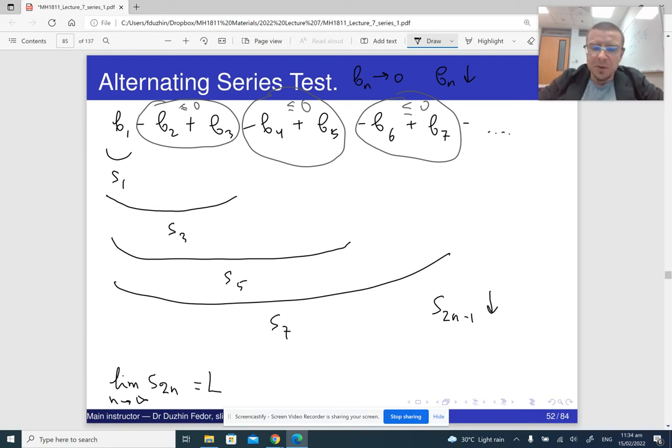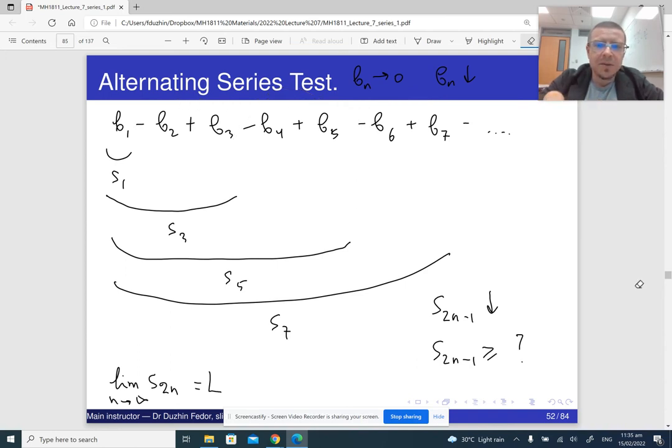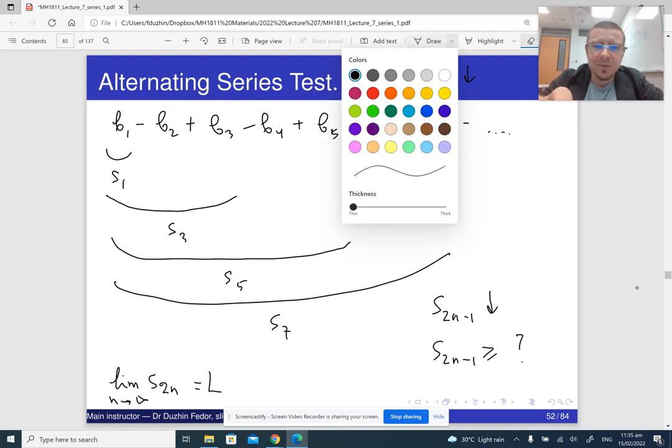So is it true that it is bounded? Is it true that S2n minus 1 is bigger than or equal to some number? Well, what is it bigger than? Let us change it around a little bit, and here is what I can do.